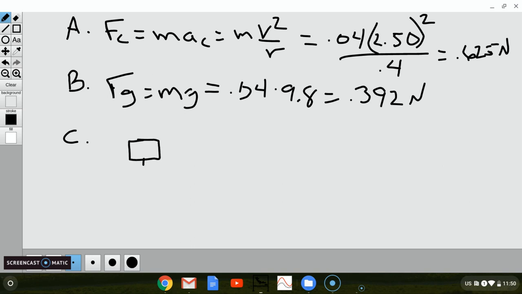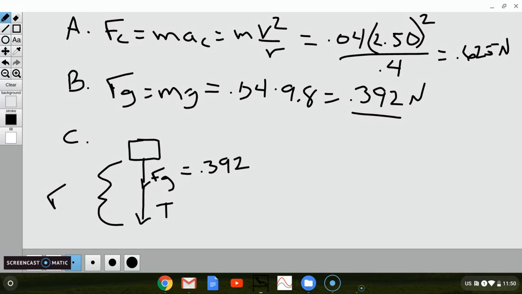So on a ball on a string, we're going to have a force of gravity down, and we're going to have a tension down. So what we're supposed to do is figure out what this tension is. Well, believe it or not, this is real easy. Because this force of gravity is 0.392. We know that because we just calculated it. The other thing we know is that this whole thing is the centripetal force. That's the net force. And we know that this has to equal 0.625 newtons.